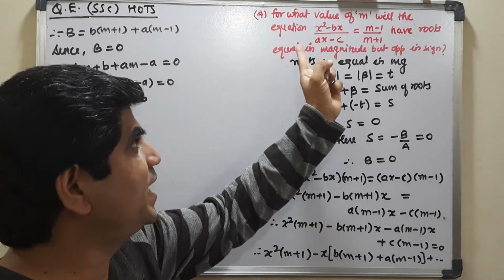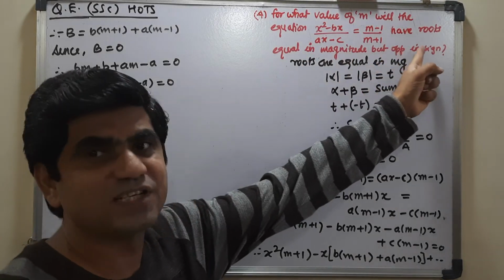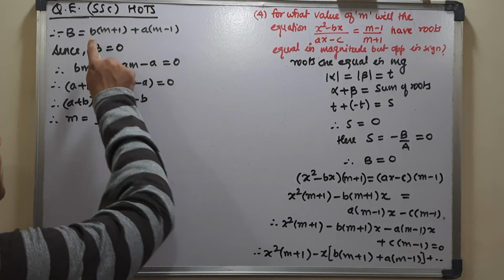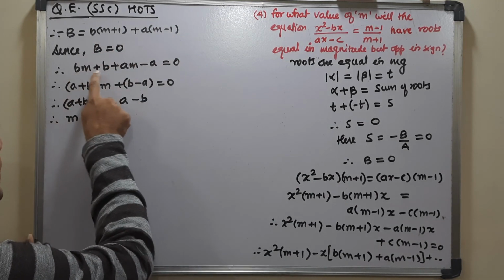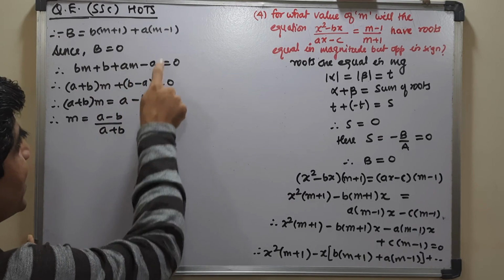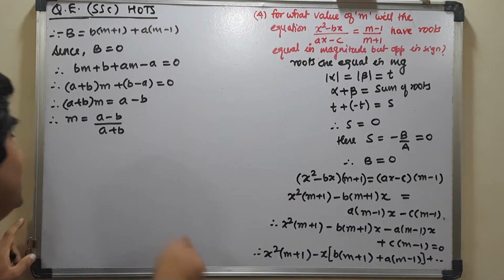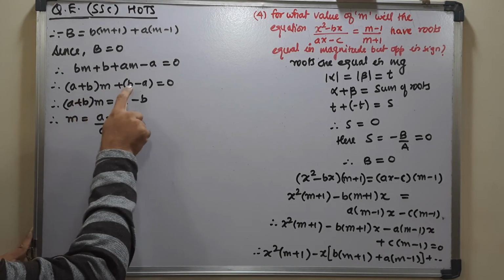That roots are equal in magnitude and sign must be opposite. So the value of b will be equal to 0. When I multiply this, I get bm plus b plus am minus a. And what I am doing now is segregating this a plus b and b minus a.